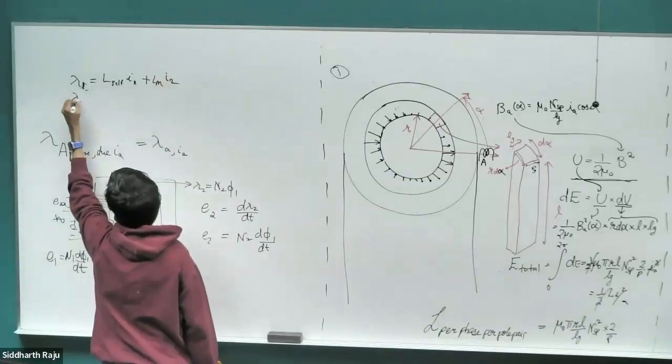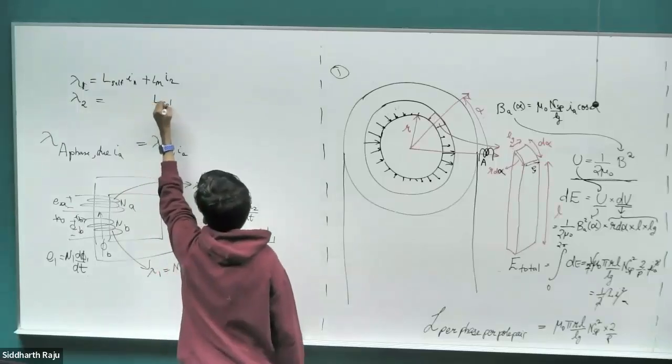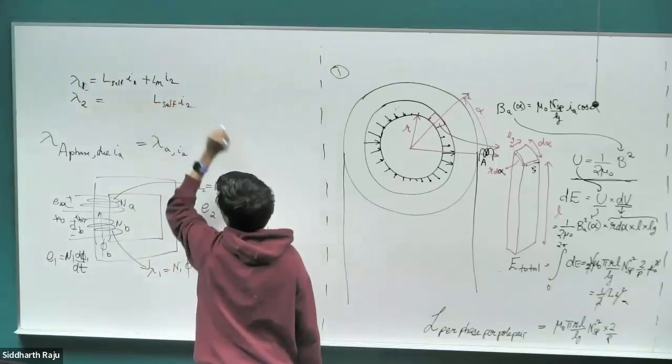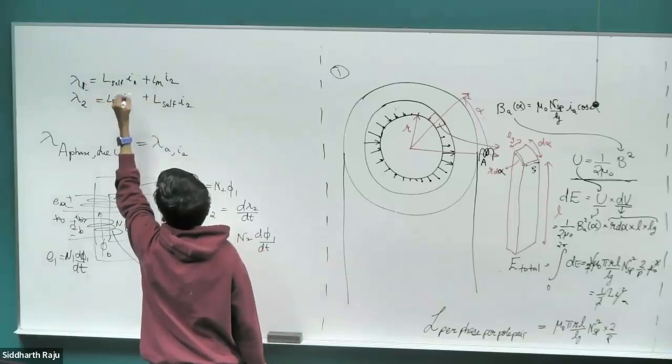And then the same for the flux in the second coil, that is going to be its own self-inductance times the current in its own coil plus a mutual inductance times the current in the first coil.